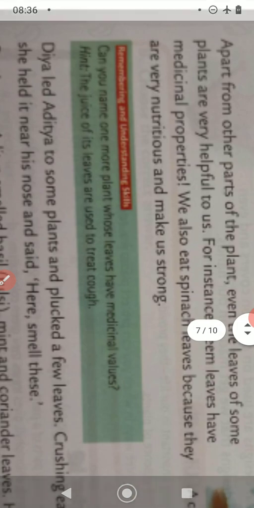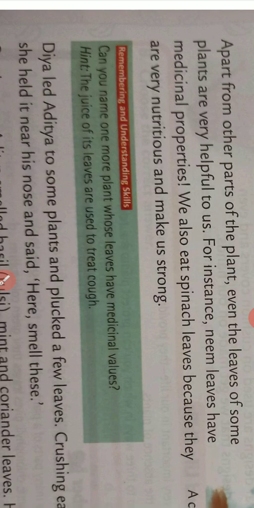Now, can you name one more plant whose leaves have medicinal value? Children, after this video, I expect each of you to give me the name of at least one leaf which has medicinal value.